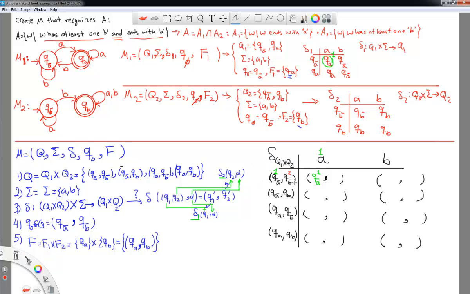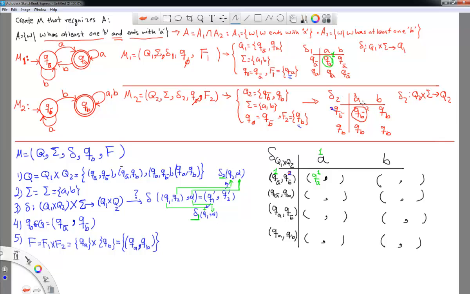What happens if you're in Q naught B and you see an A? If you're in Q naught B, so this is 2. You stay in Q naught B. So this is going to be operation 2. Let's just change the colors to blue.